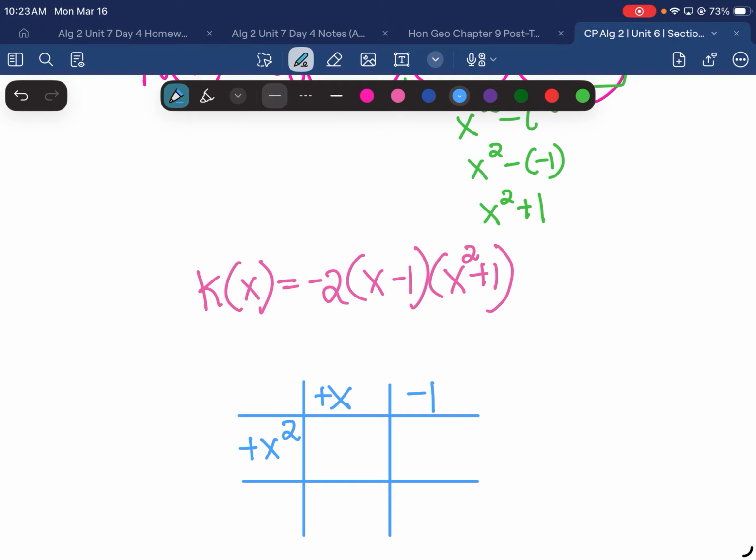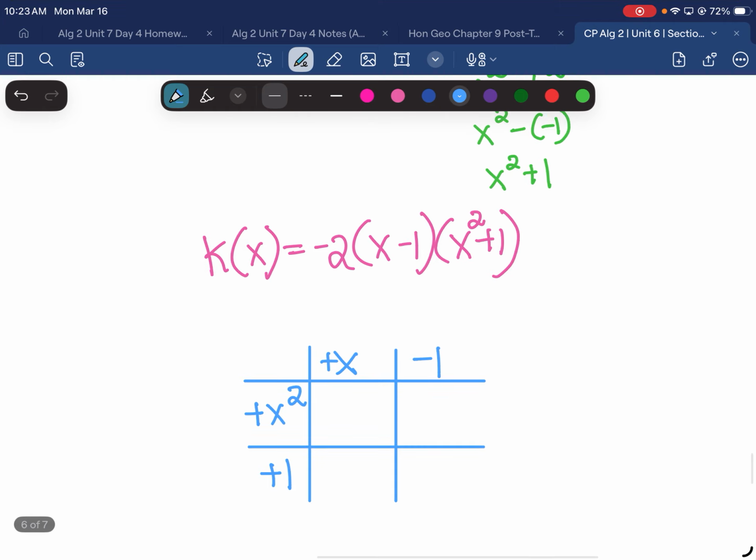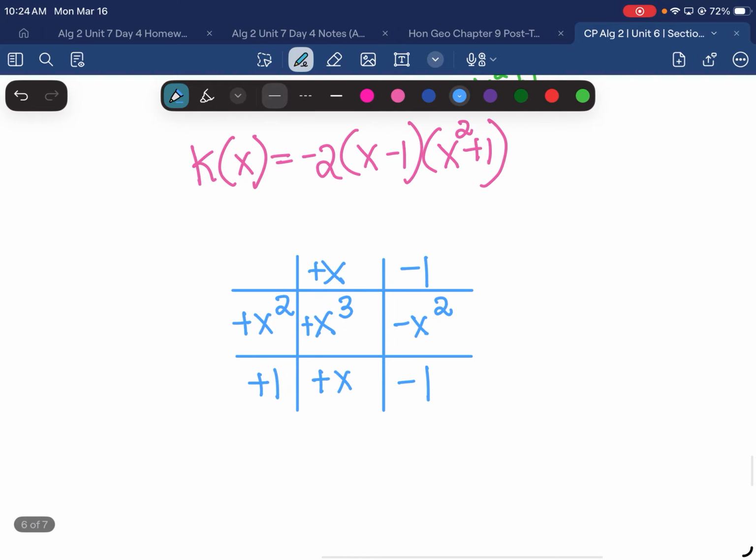Yes, as long as you got your signs correct. Also remember, my recommendation is for you to multiply the leading coefficient last.